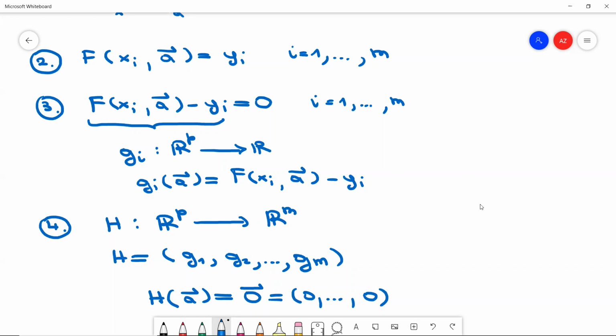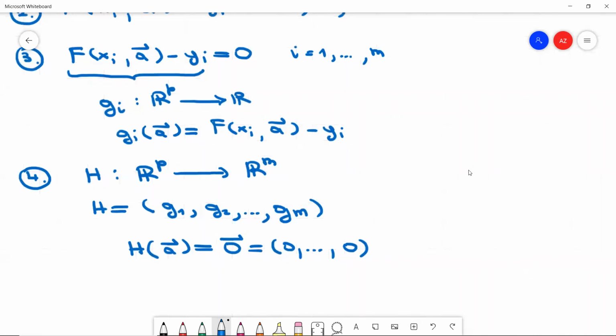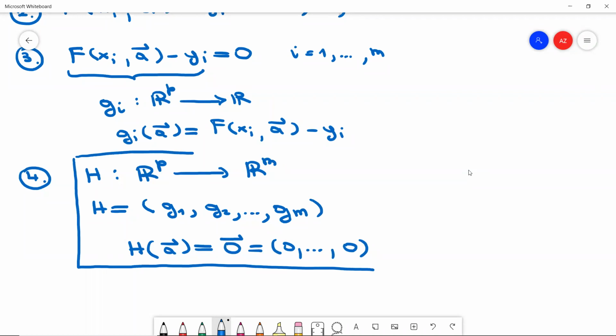And from now on, everything will be numerical methods. So we transformed our problem into the problem of searching a zero of a vector function H.